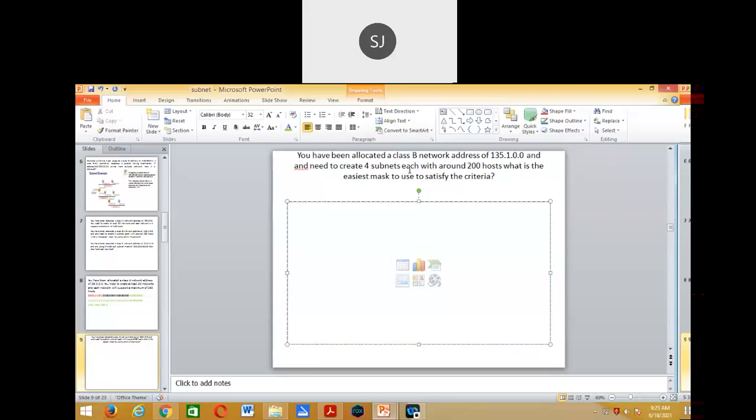Four subnets he is saying. So to address 4 subnets, we need only 2 bits. So what we have to do is take 2 bits from the host ID. So of the 16 bits in the host ID, we take 2 bits, and the remaining bits you can use for host ID.